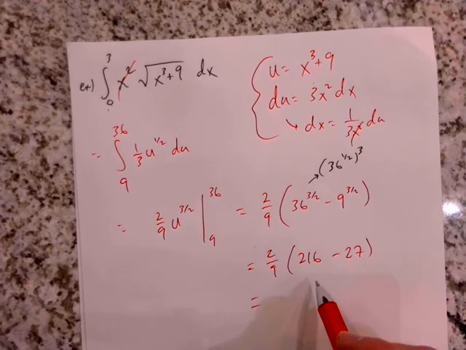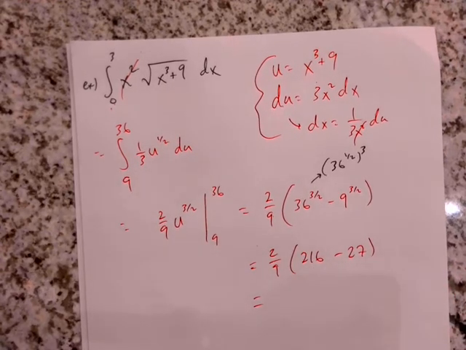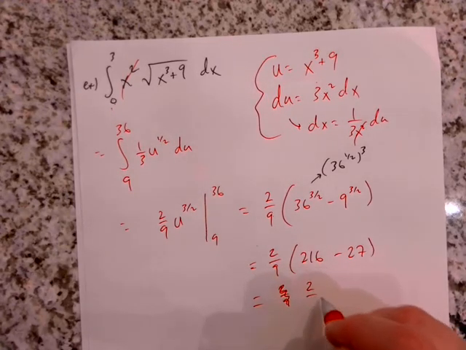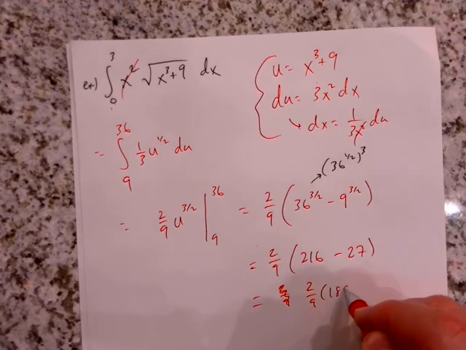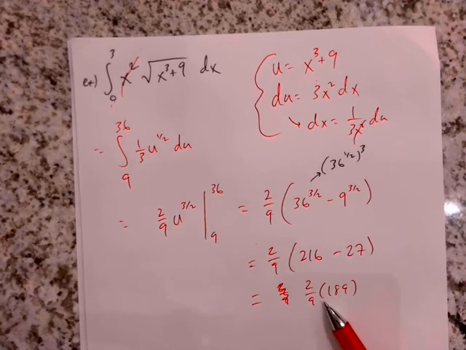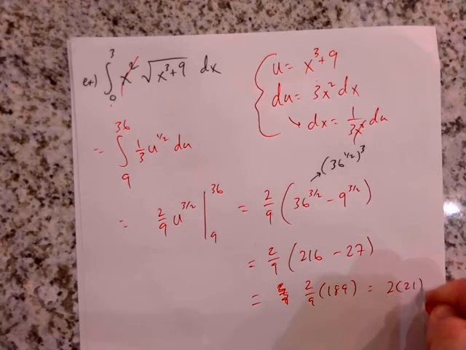When you subtract, this gives you, see, 216 minus 27 is 189. Oops. 189 is actually a multiple of 9. It goes in there 21 times. So I guess it's 42.